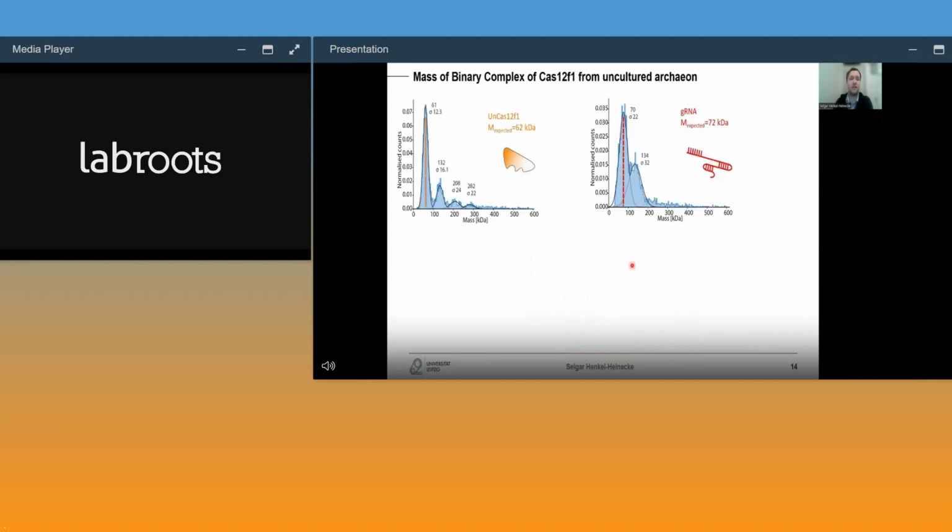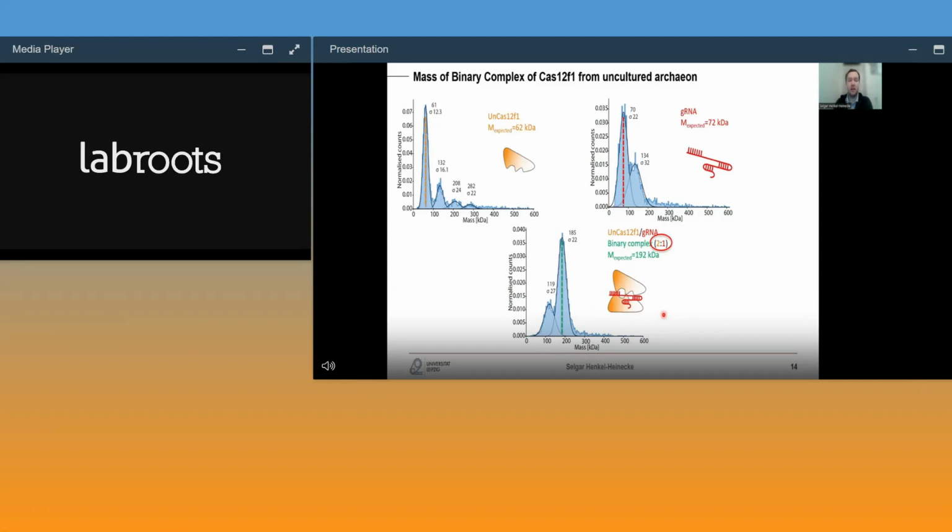We had one last binary complex investigated, this time from an uncultured archaeon, and there again we measured the protein itself with the RNA, and we could resolve again this binary complex with a 2-to-1 ratio. And in that sense, it was very nice.